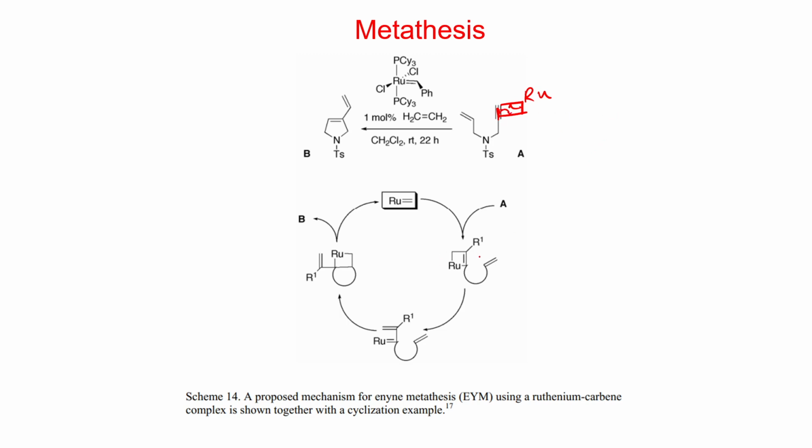Then the formation of this kind of system in the starting material, which happens in these two units, is added, and this final elimination is done with a different catalyst.